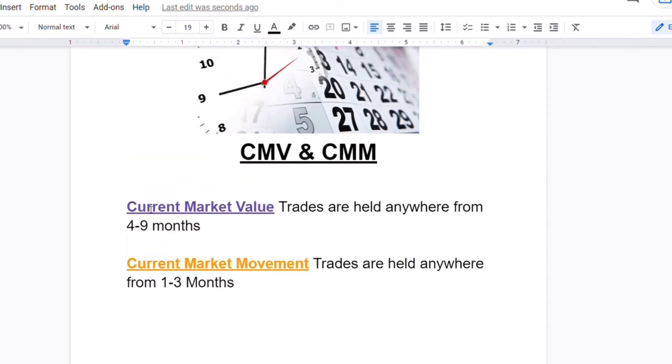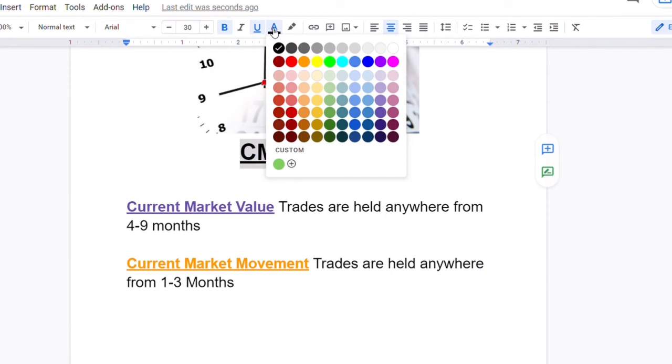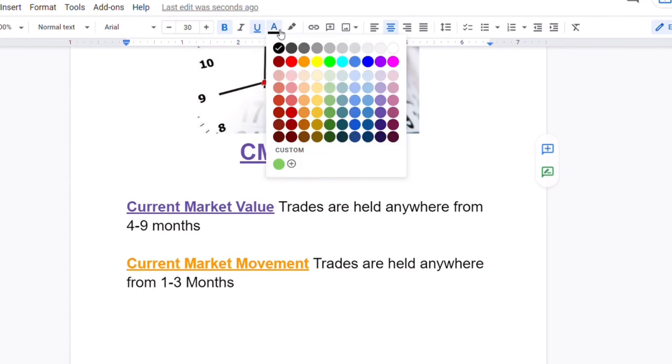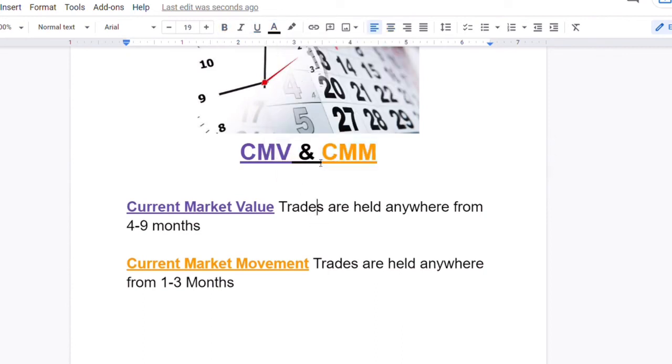Okay, so we see CMV, current market value. Let me color code that as well, just to keep everything a little bit more uniform here. And current market movement. Okay. All right.